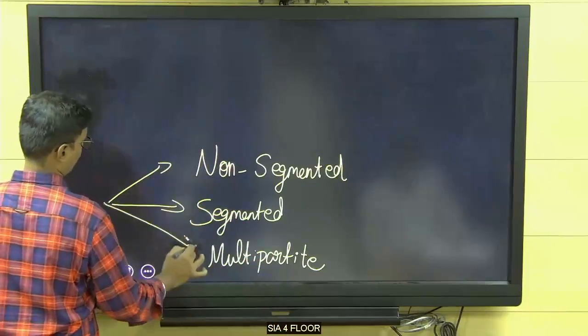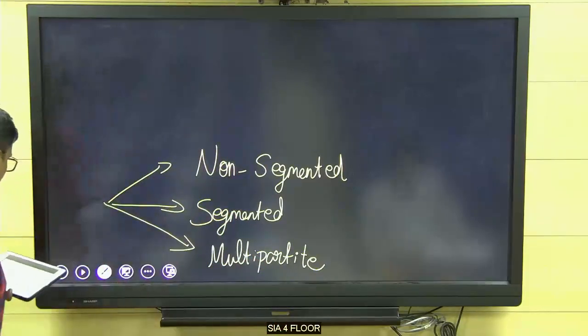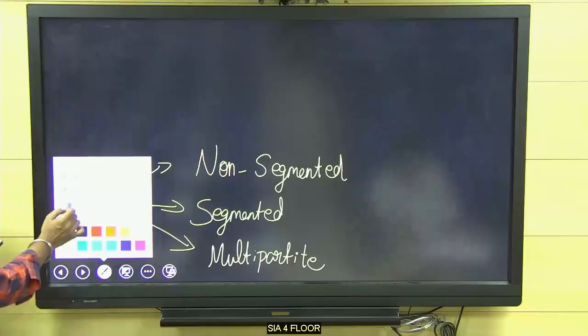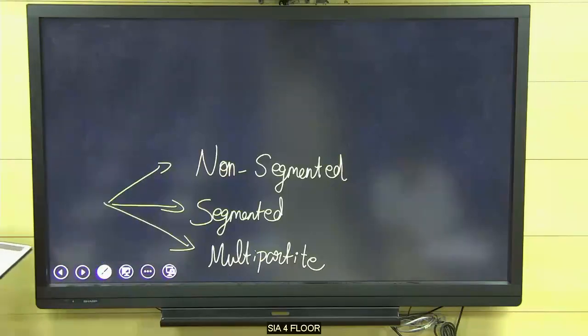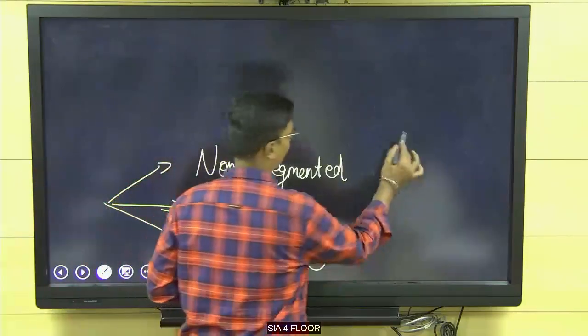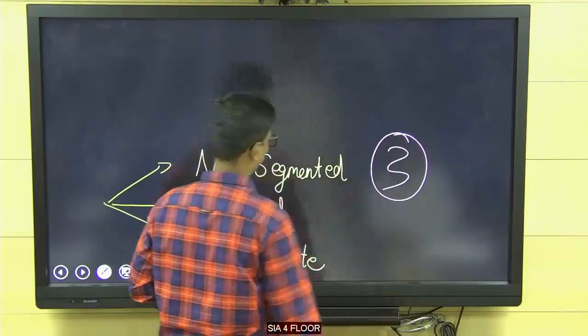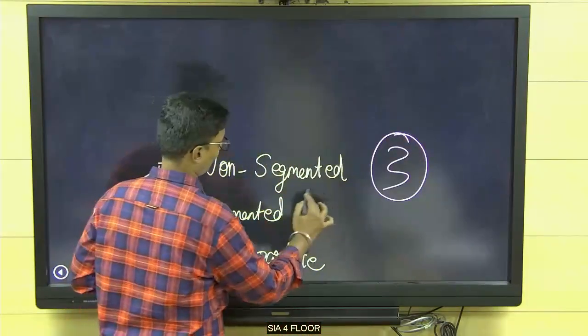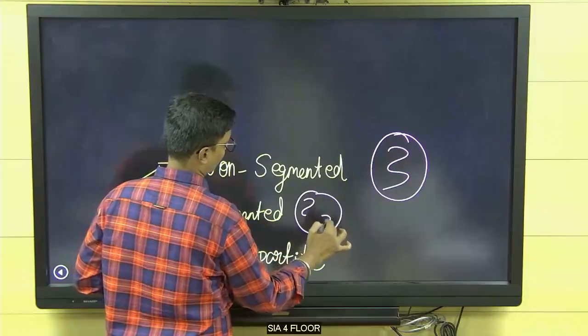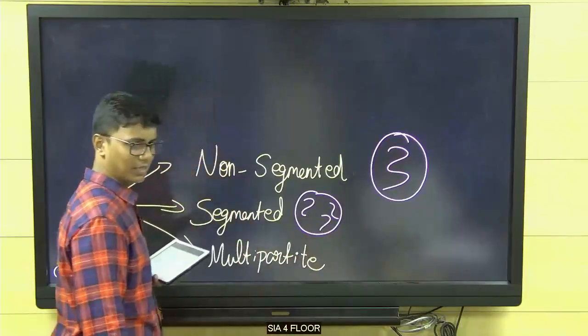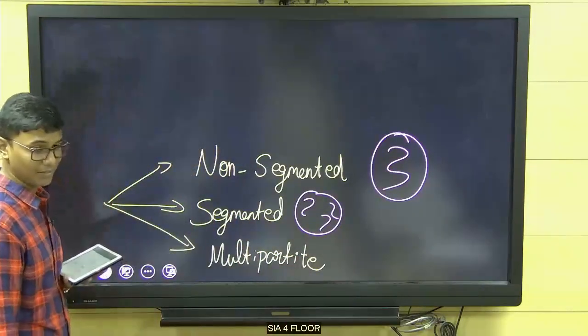What is the difference between these 3? Imagine, this may sound peculiar to you. Imagine a virus is there and there is RNA inside. This is called non-segmented. Imagine a virus is there and the RNA is split and segmented into different portions in a single virion. You call it a segmented virus.